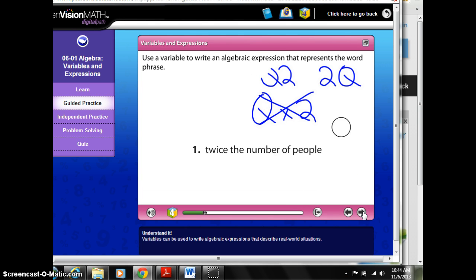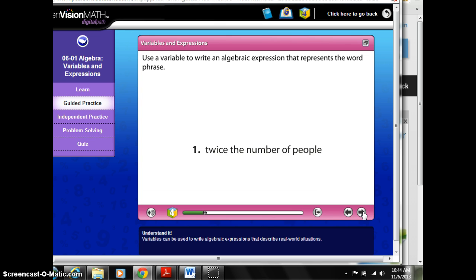So today, all we're doing is writing expressions. We don't even have to solve them yet. Solving comes tomorrow. $7 less than the current price. Z minus 7. Does that mean 7 less? Absolutely.